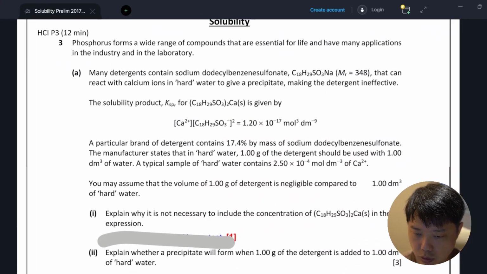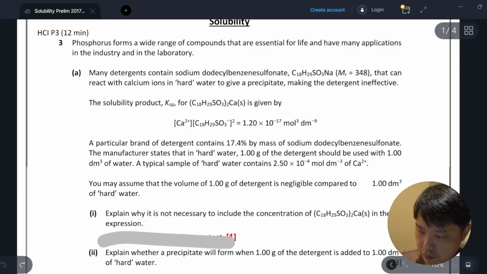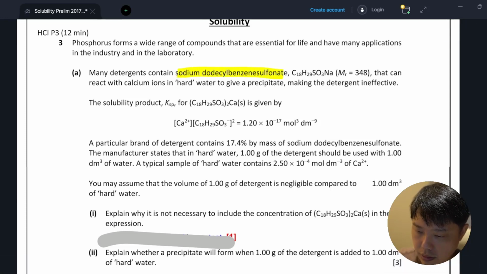Okay guys, let's go through this question from Hua Chong from their paper 3. We know this question is about phosphorus. The first compound that comes up, C18H29SO3Na, has an Mr of 348.